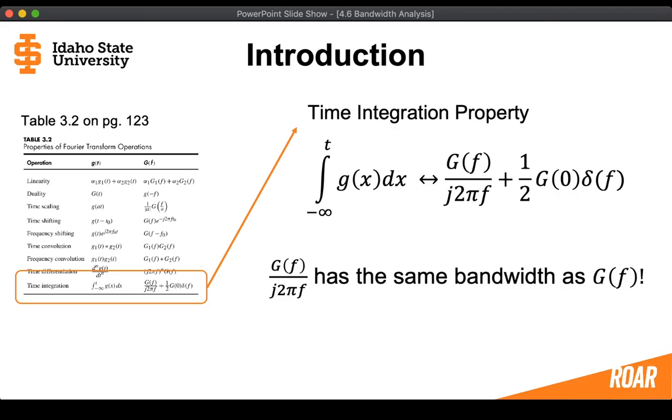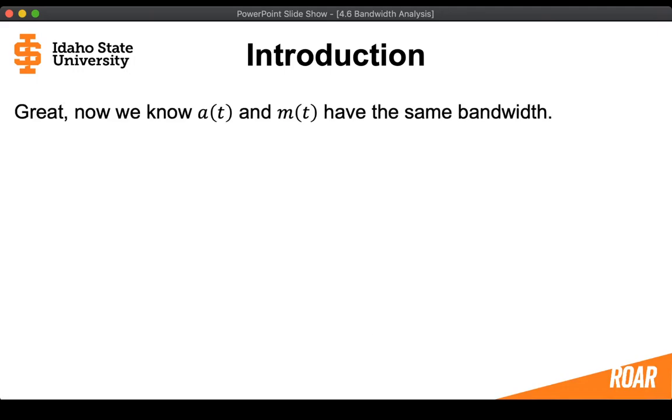Because our frequency domain signal is just being divided by j2πf, it's going to have the same bandwidth as G of f. So A of t is going to have the same bandwidth because integration is a linear operation in the frequency domain.